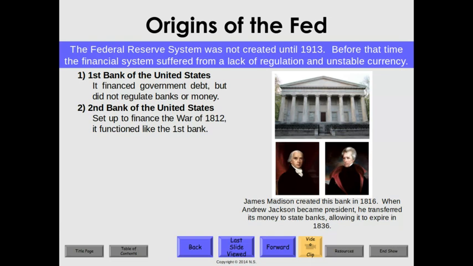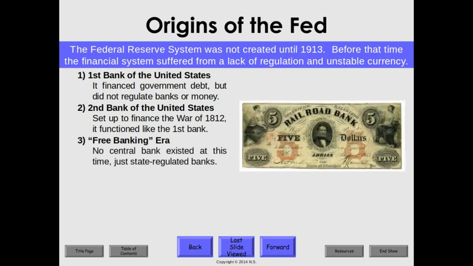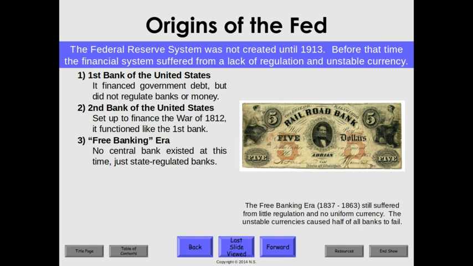Andrew Jackson, who is a big states' rights guy, becomes president and takes all the money out of the second bank of the U.S. and puts it into state banks, yet again allowing it to expire. So now you had all these very loosely regulated state banks, and yet again there was chaos in our financial sector, in our economy. That's why they called it the free banking era. Just these state-run and regulated banks, each state, of course, with their own financial regulations. There was no uniform currency.